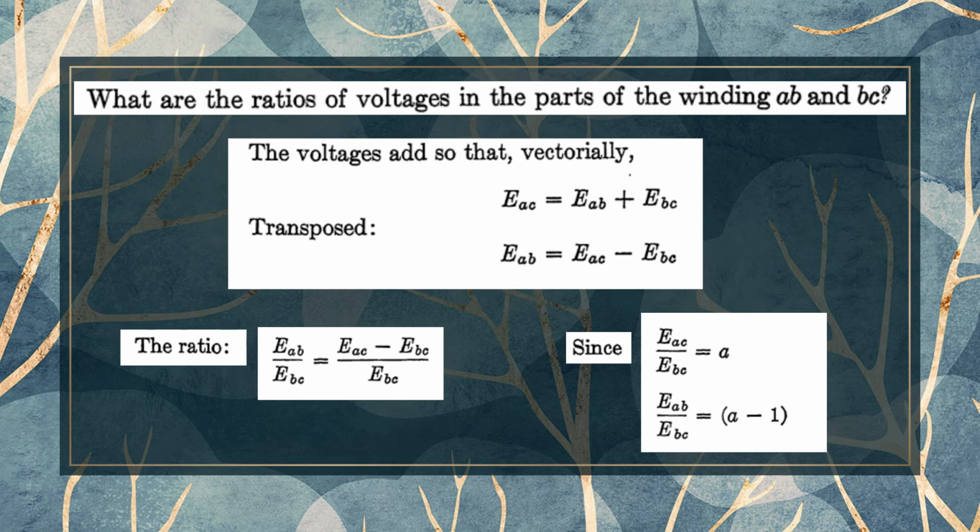So, from that equation, we could derive the ratio, which is yung E sub AB all over E sub BC equals E sub AC minus E sub BC all over E sub BC. And since yung E sub AC all over E sub BC is equal sa transformation ratio, then E sub AB all over E sub BC will be equal to the transformation ratio minus 1, or A minus 1.